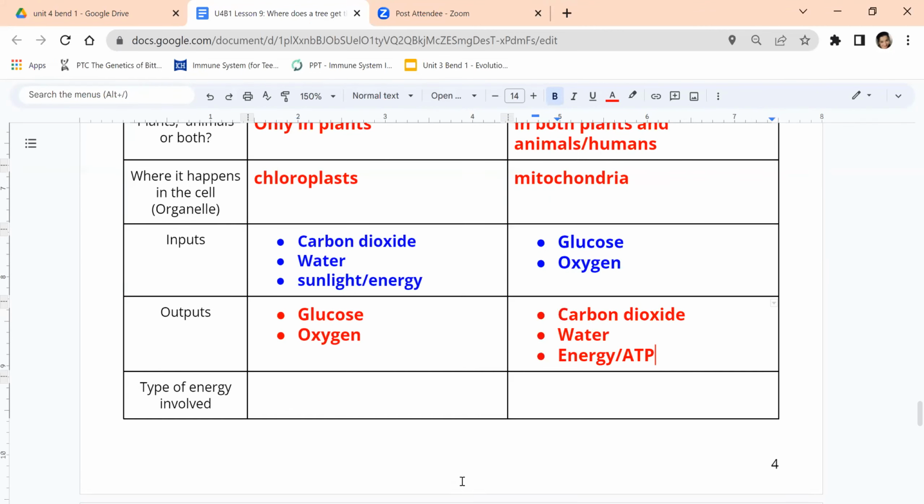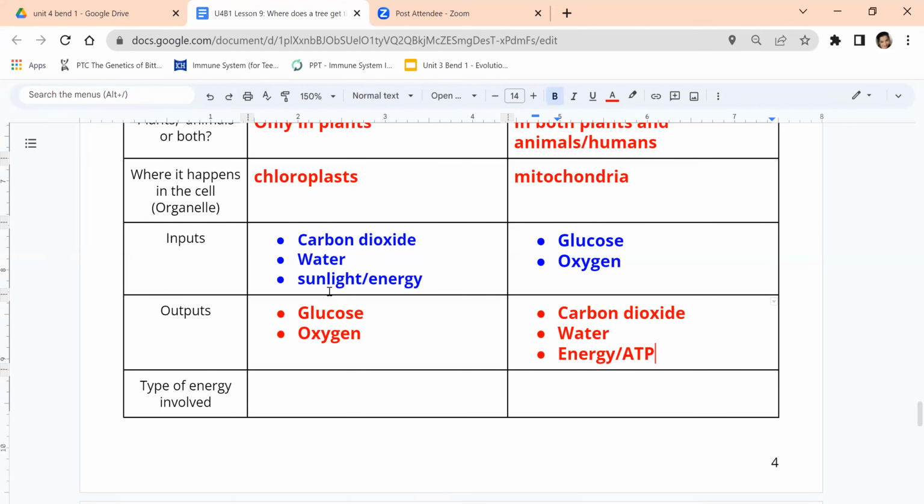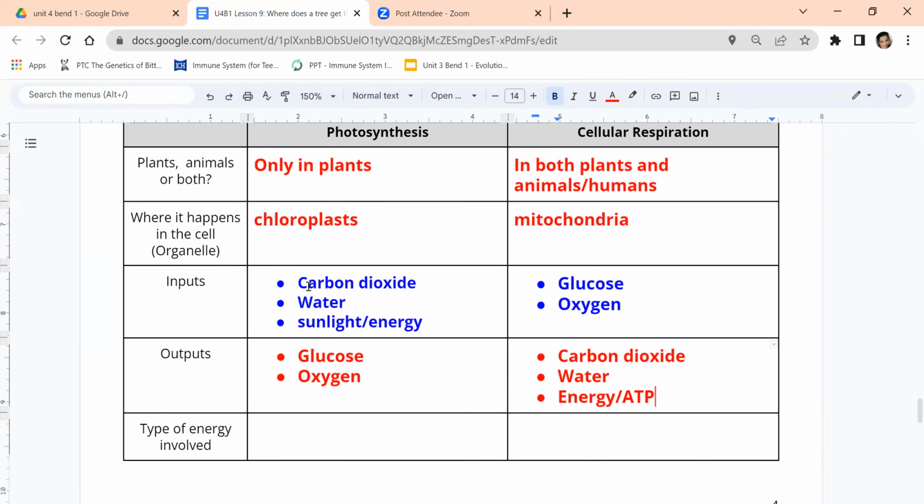Okay. So look at that. The inputs for photosynthesis are the same as the outputs for cellular respiration. And so remember, inputs are also called reactants, and outputs are also called products. So the inputs or the reactants of photosynthesis are the same as the outputs or the products of cellular respiration.